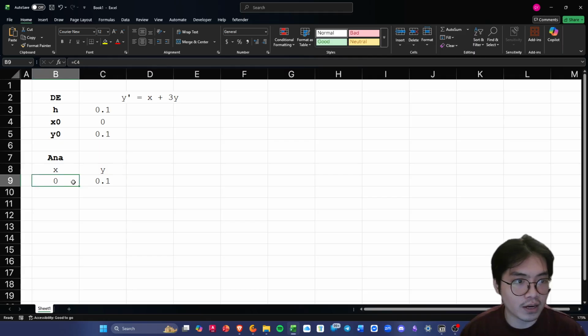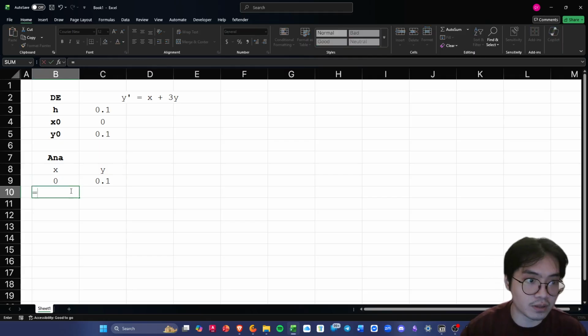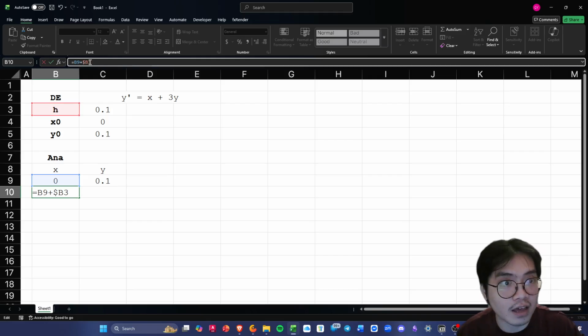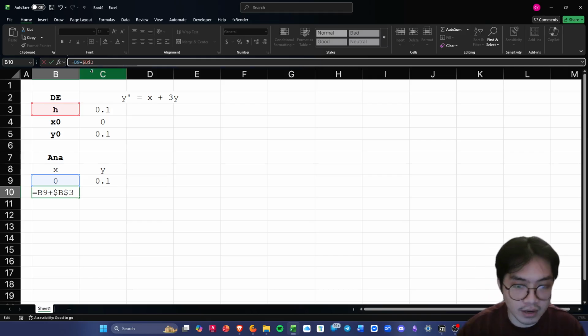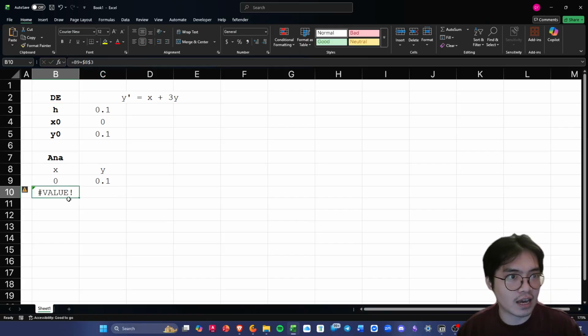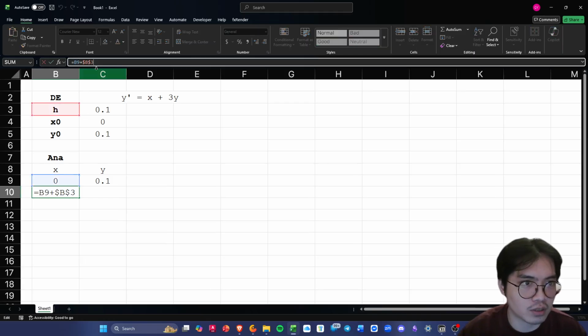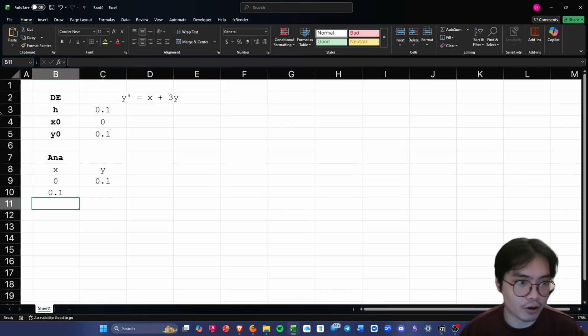So that's 0.1. And what we will do now in here is add this to your value of h. And we're going to lock that value so that it won't get changed. Sorry, I was looking at the h itself. It's supposed to say C3. There you go.